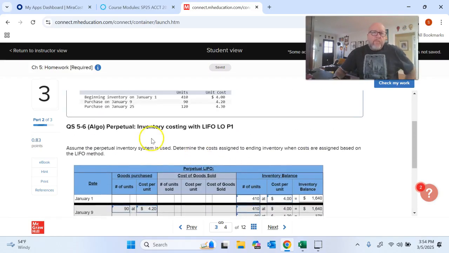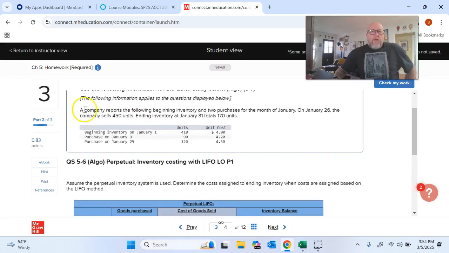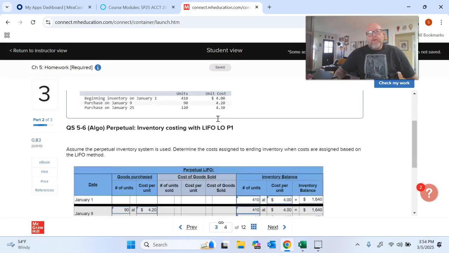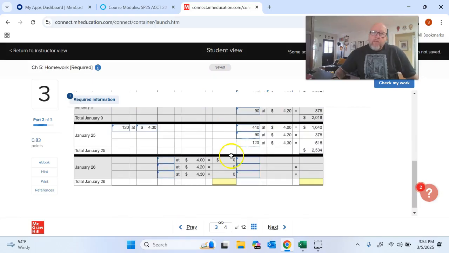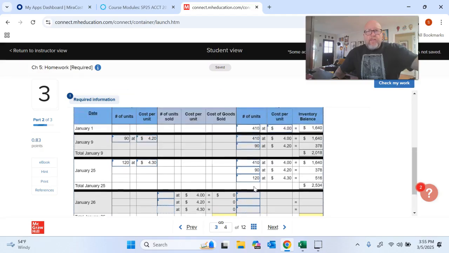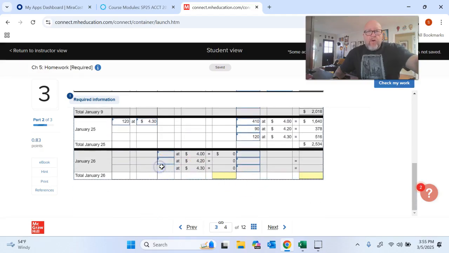And the problem is telling us that we are going to sell 450 units and we will have 170 units left over. Okay, so if I'm going to sell 450 units and I'm using last in, first out, the first group of units that I'm going to sell are the ones that were at $4.30. Last in, first out. So I'm going to sell all 120 of these.